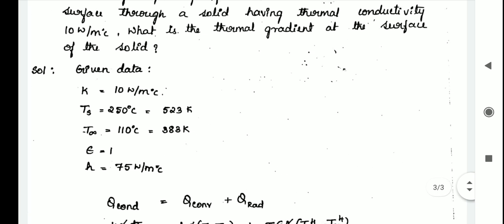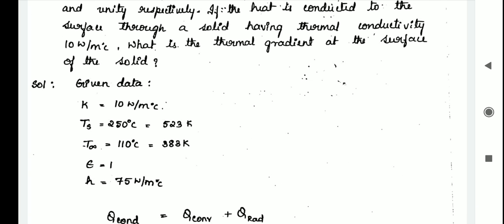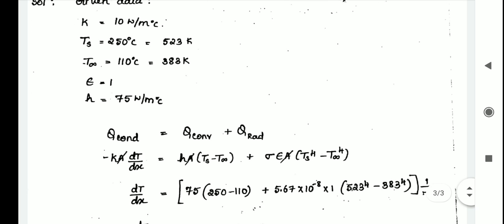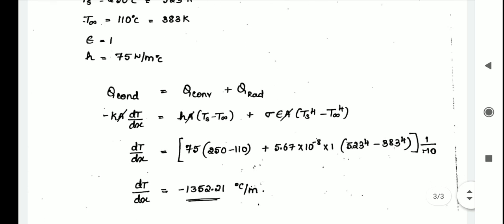The given data: thermal conductivity is 10 watt per meter degree Celsius. Surface temperature is 250, converted into Kelvin, that is 523 Kelvin. T infinity is 110 degrees Celsius, that is 383 Kelvin. Emissivity epsilon is 1, and heat transfer coefficient H is 75. Here you have to find dT by dx.